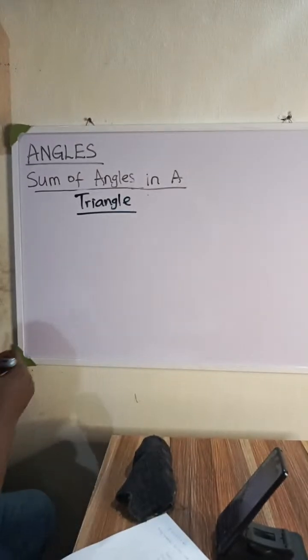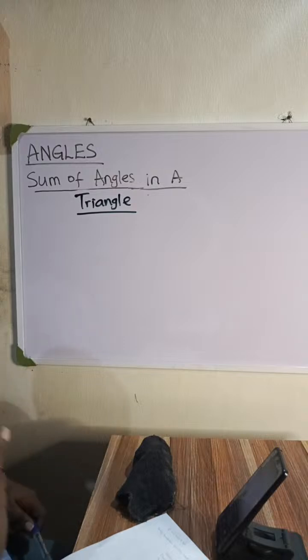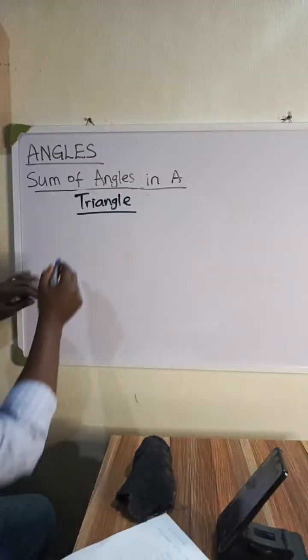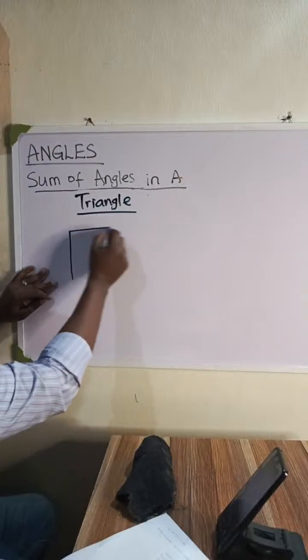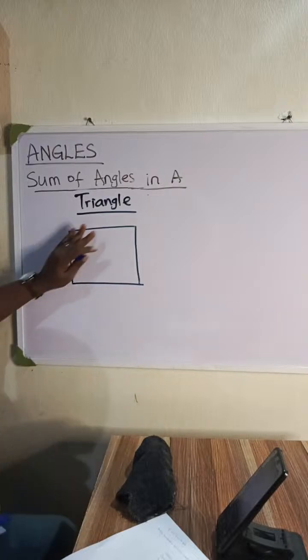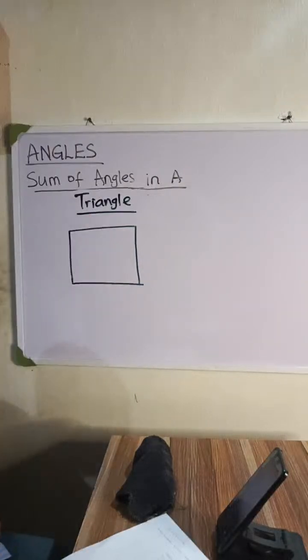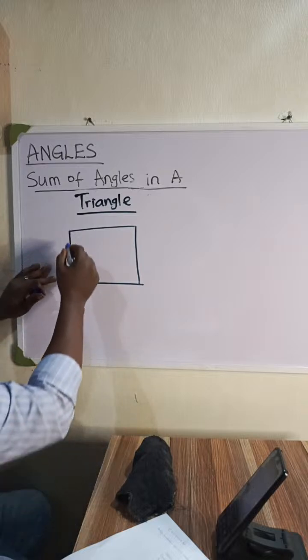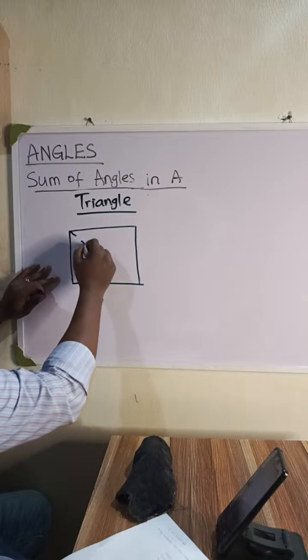So remember we've seen that the sum of angles in a quadrilateral is equal to 360 degrees. So let's look at the quadrilateral again. We know that the sum of angles in this quadrilateral is 360 degrees, right?